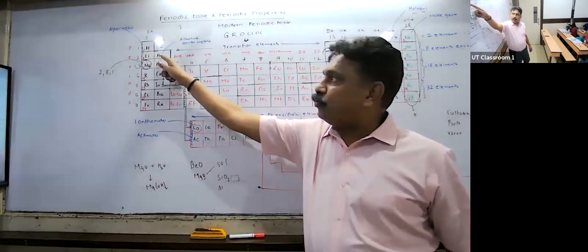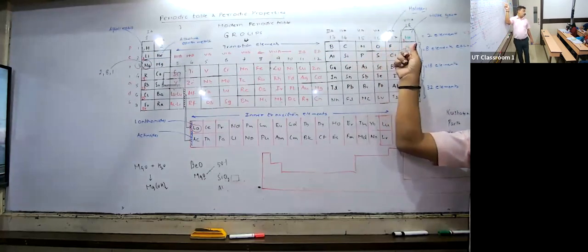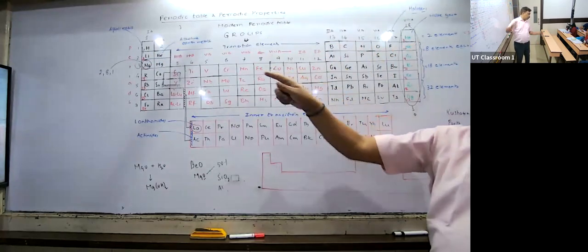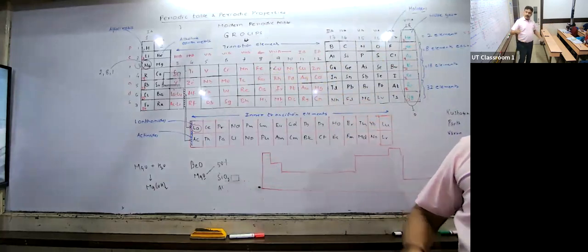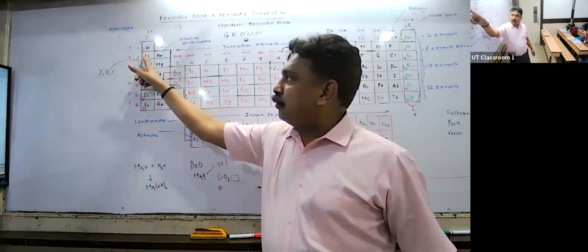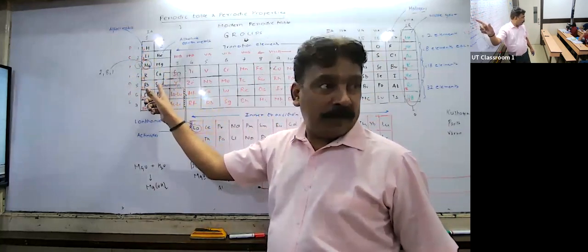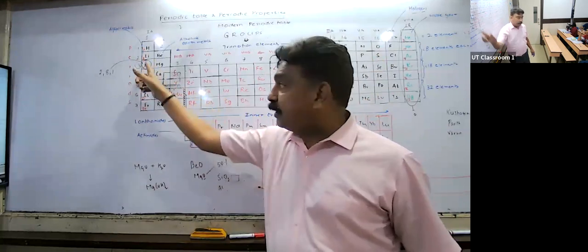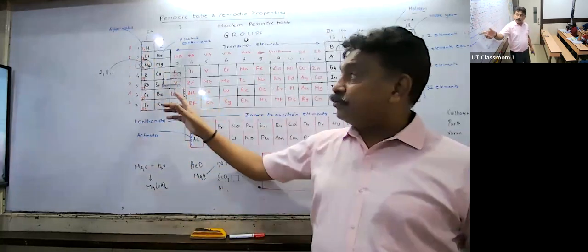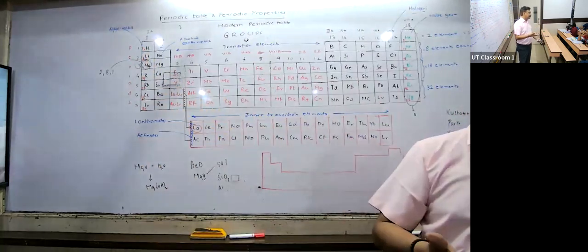Look, 2,1, 2,2, 2,3, 2,4, 2,5, 2,6, 2,7, 2,8. Then 2,8,1 with a new shell. Since the number of electrons here is 1, here 2,1, here 2,8,1, 2,8,8,1, okay? Likewise they have the same number of electrons in the outermost shell. So in a group the valencies are the same, that's why the properties are also similar.